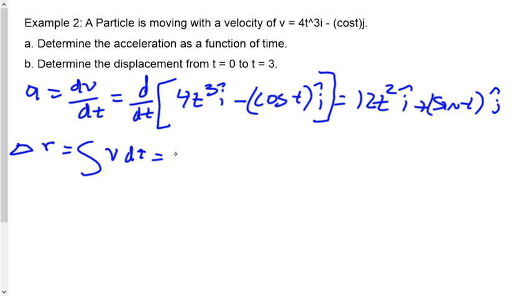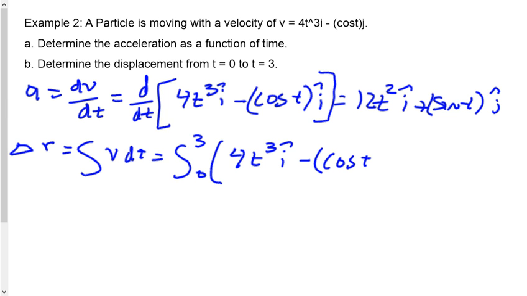In this case, the definite integral from 0 to 3 of our function, and that'll be 4t cubed i minus the cosine of t j, and of course multiplied by dt.